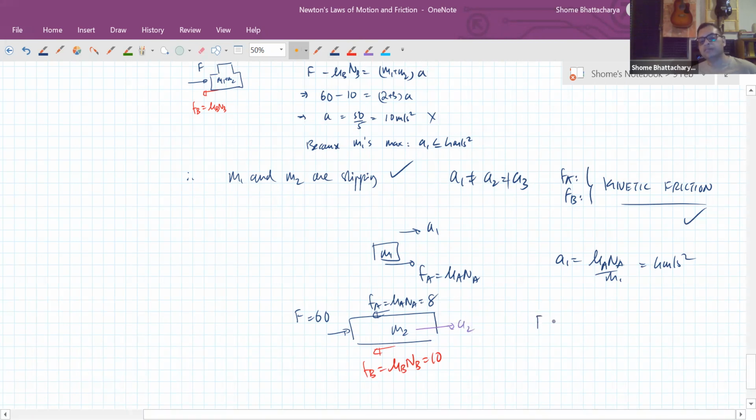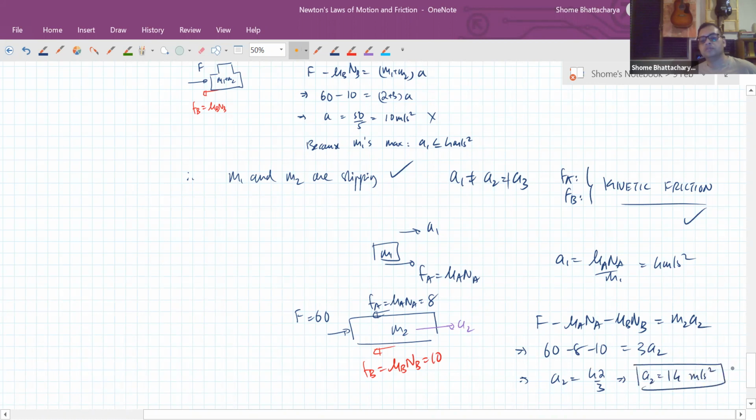So F minus the sum of these two kinetic frictions will become the second block's mass into its acceleration. So 60 minus 8 minus 10 will be equal to 3A2. So A2 will come out to be 42 by 3, or 14 meters per second square. Whereas A1 was only 4 meters per second square.